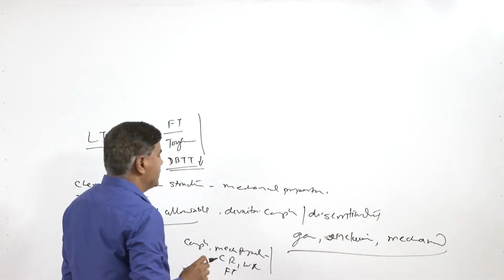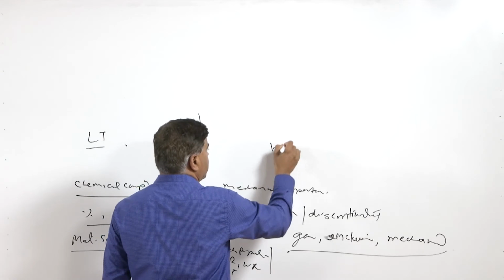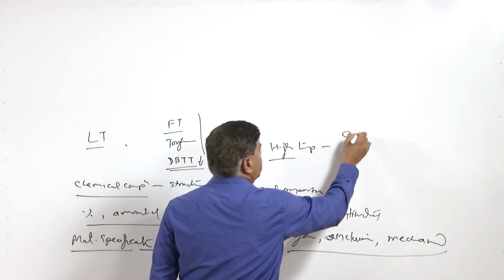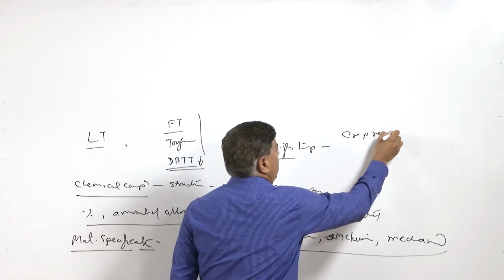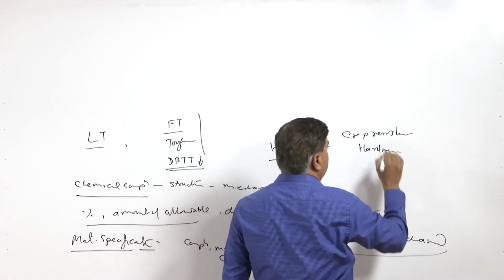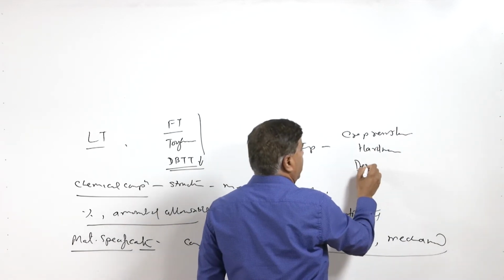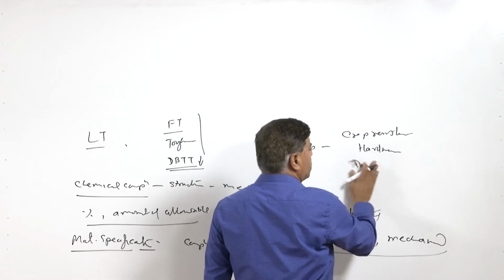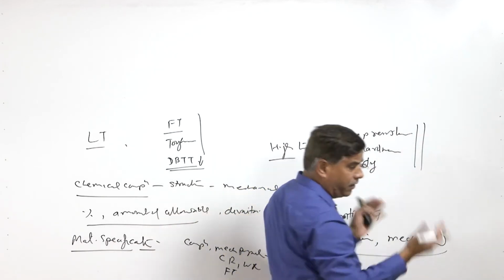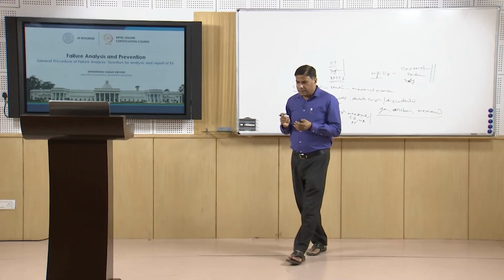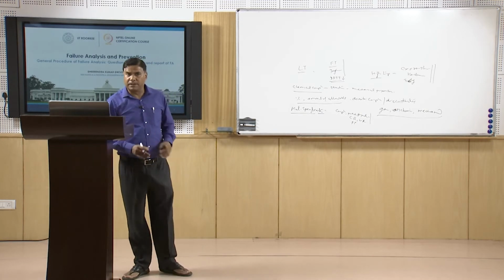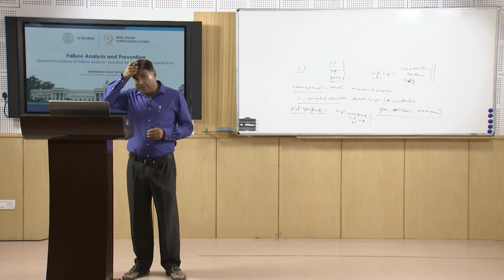Similarly, for high temperature conditions, we need to see whether it has the required creep resistance, hardness at elevated temperature, and resistance to deformation, meaning yield strength at the service temperature conditions. So, as per the service requirement, whether the material properties were appropriate or not is identified through this.